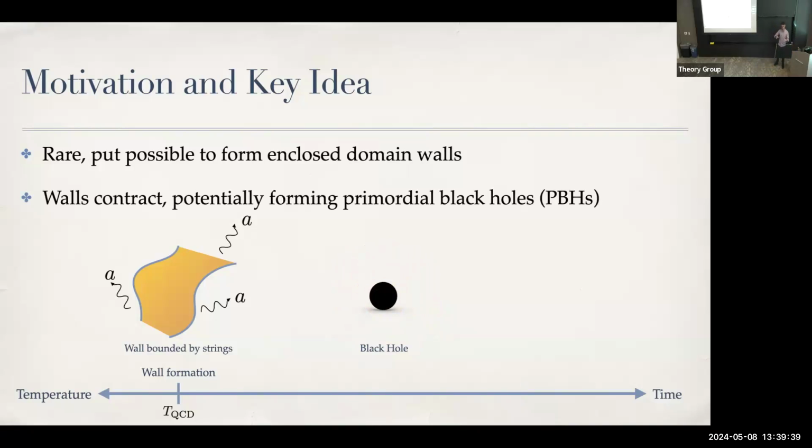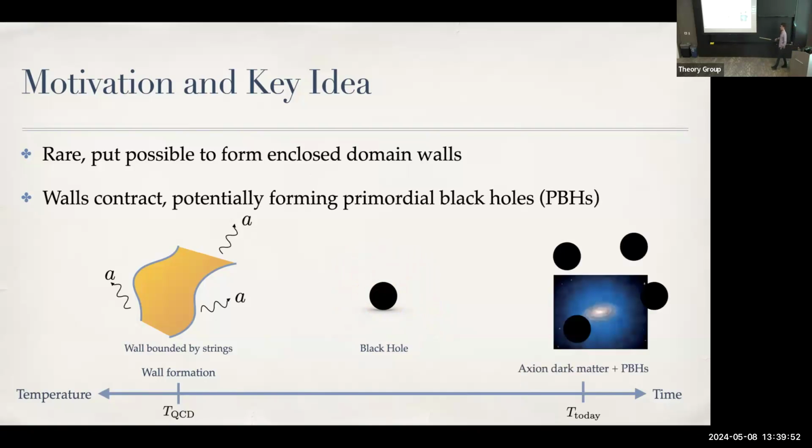As they shrink in size, energy is conserved, so they become more and more relativistic. They can shrink to a very small size, and potentially you can compress enough energy into a Schwarzschild radius and form a black hole, so that today there is both axion dark matter from the previous axion strings and so on that were produced under misalignment previously, as well as some small amount of PBHs.